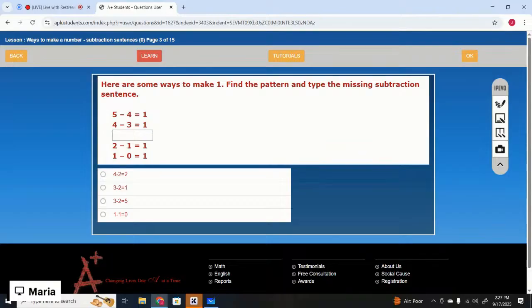So which sentence is it? That is 3 take away 2 is 1. Option number 2 is the correct option.